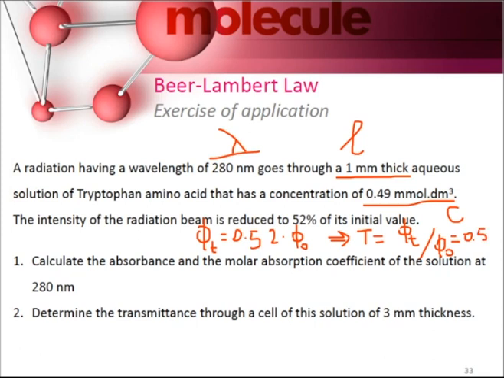The absorption, or the absorbance. Now, the first question is to calculate the absorbance and the molar absorption coefficient. So here he wants A, and also he wants the molar absorption coefficient, or the molar absorptivity, epsilon. That's what we need. A is equal to how much, and epsilon is equal to how much.